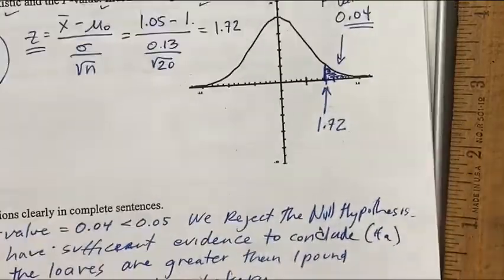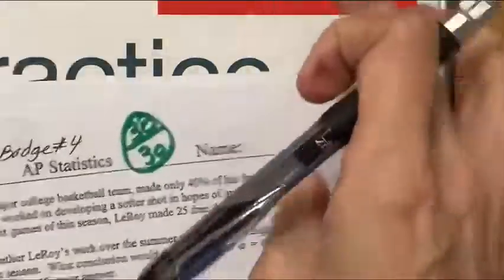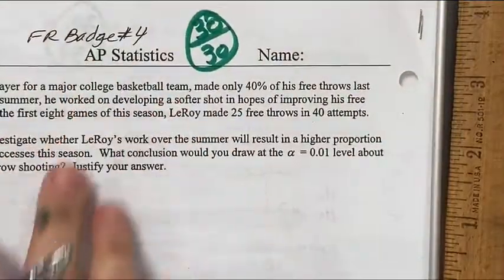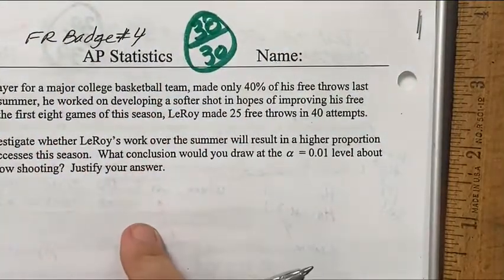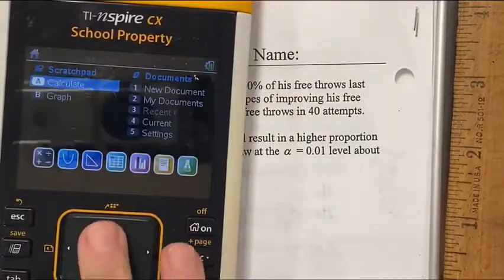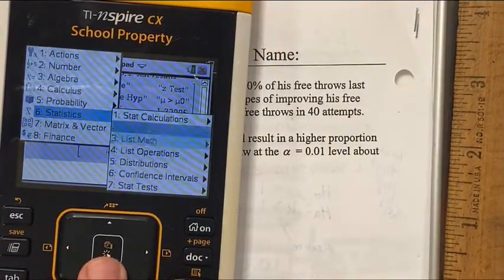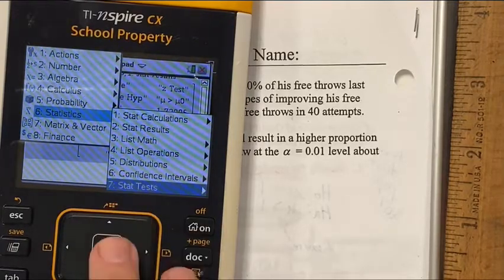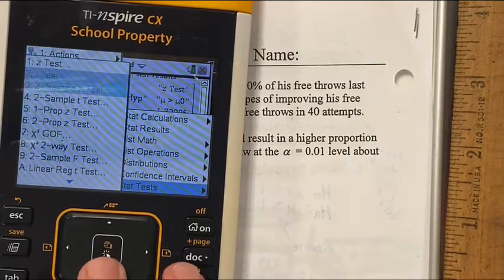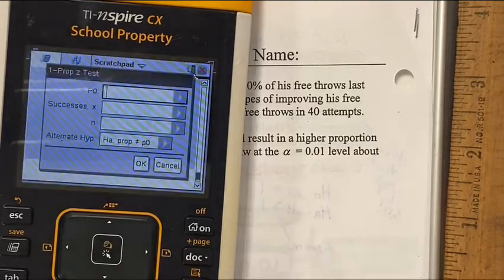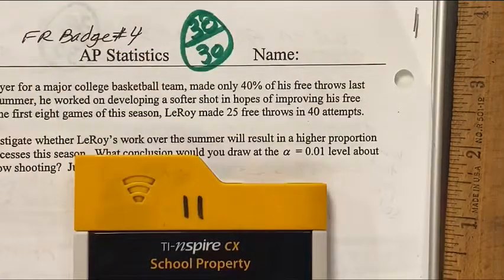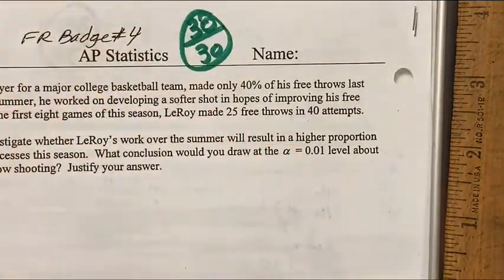Cool. All right, let's keep going. How do we use the same thing but get a different badge? Let's see what's different here. Leroy starts playing, and it looks like he's got a shot ratio. So we need to do a 1 proportion z-test. Let's take the information given. P naught.